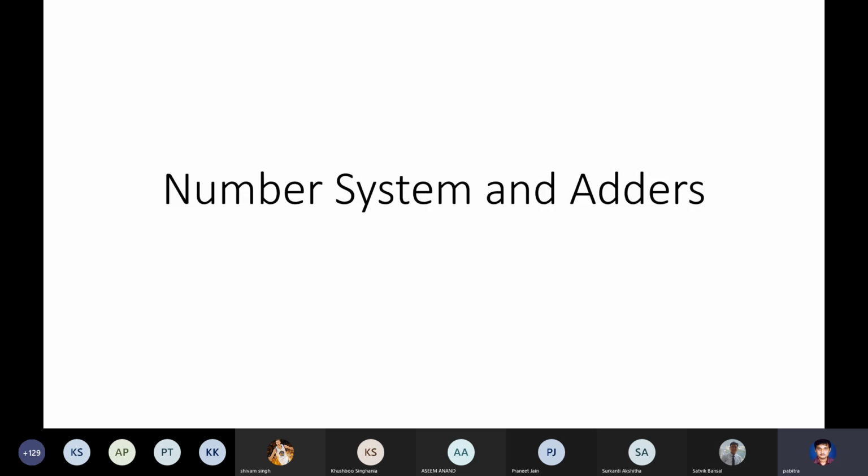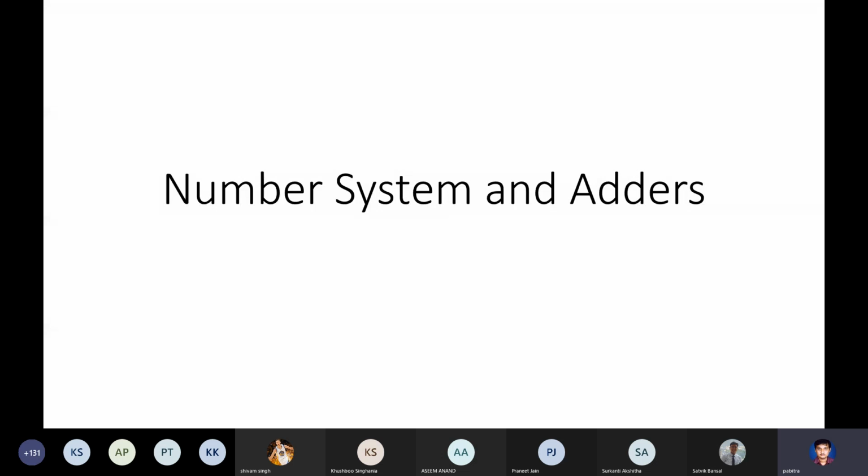All right. So today we'll discuss number systems and how to add numbers, how to build circuits which will add numbers. And why we are starting with number systems is because numbers are everywhere.